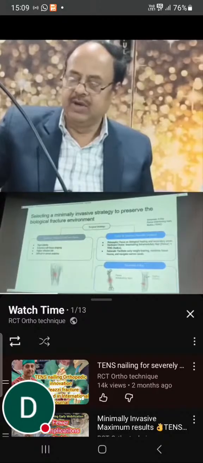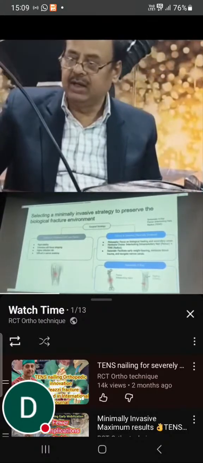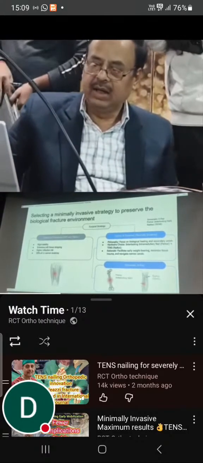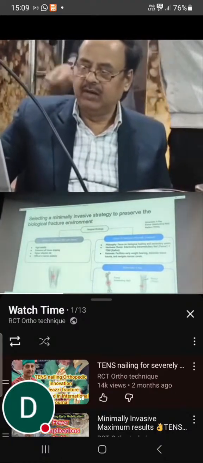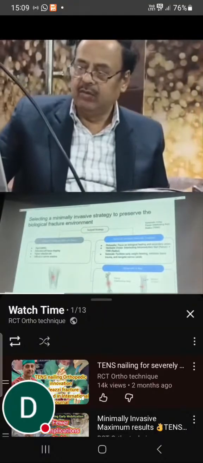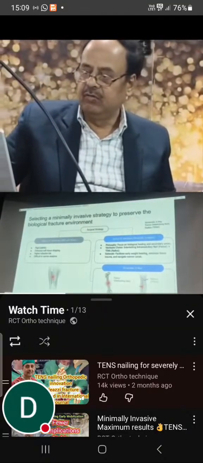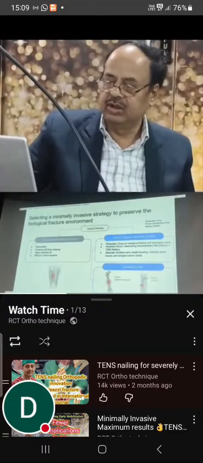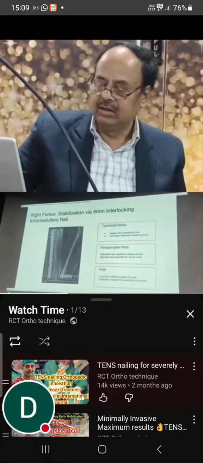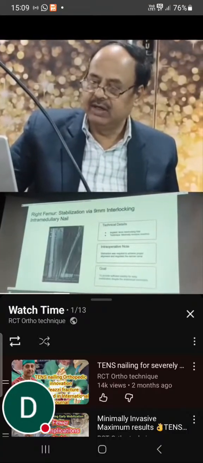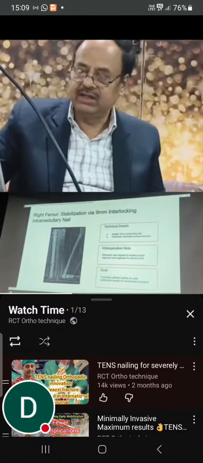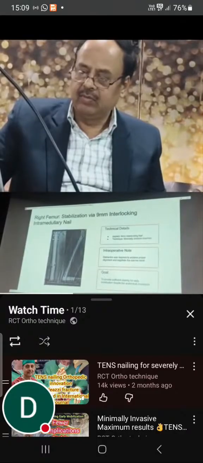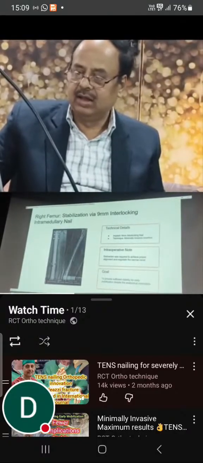So we did it minimally invasive, because periosteal and endosteal blood supply are maintained in both fractures, and interlocking nailing was done in the shaft femur, and only a 9 millimeter nail could be negotiated because of the narrow medullary canal.